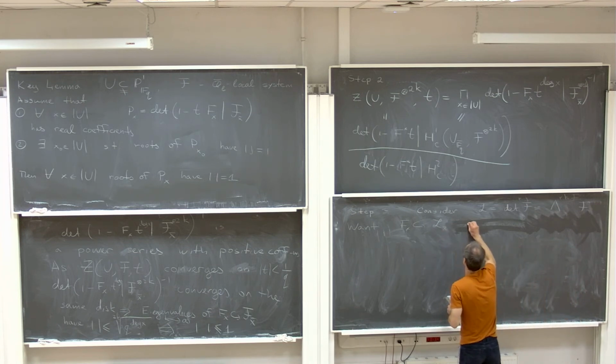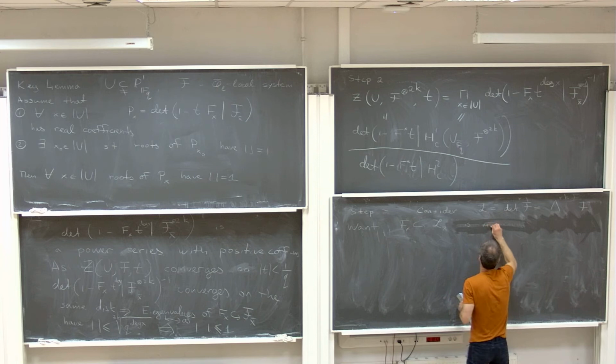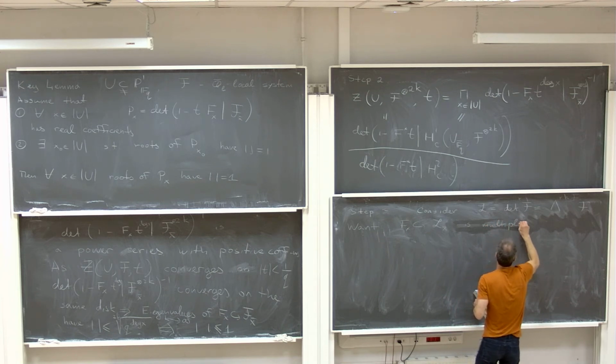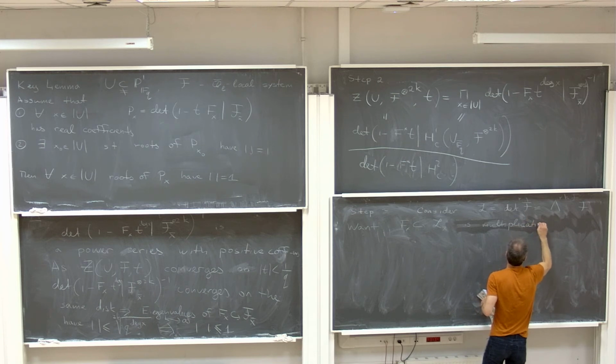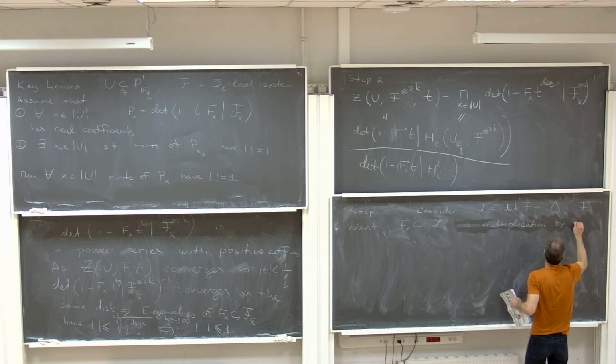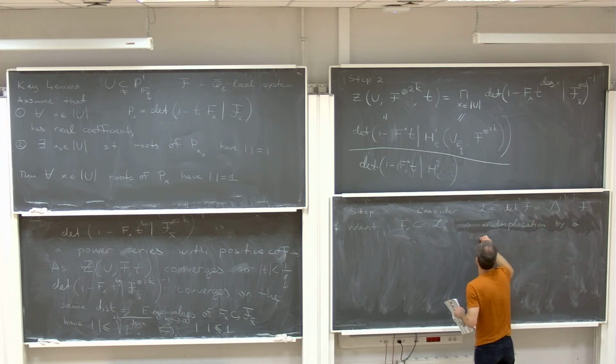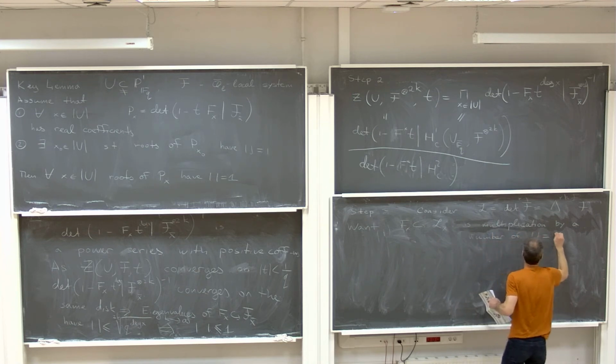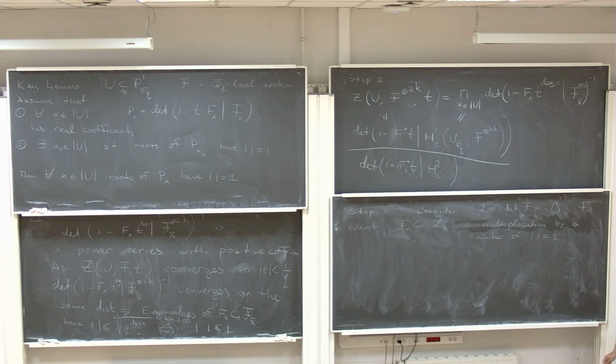So it is multiplication by a number of absolute value equal to 1, right? There is only one eigenvalue. And this is the product of all eigenvalues we are interested in. And this follows from a very general lemma.